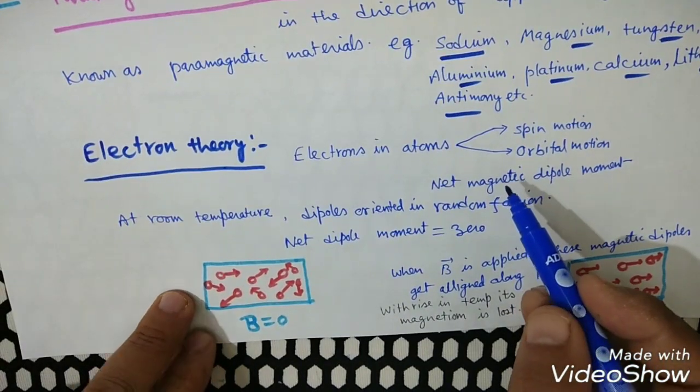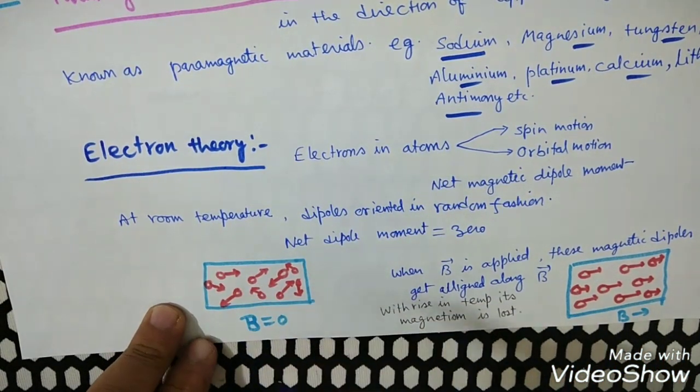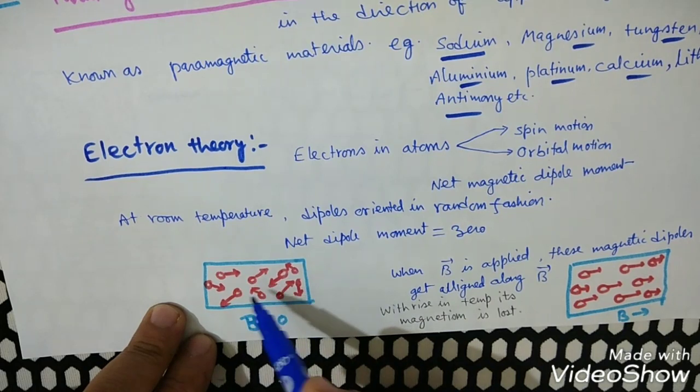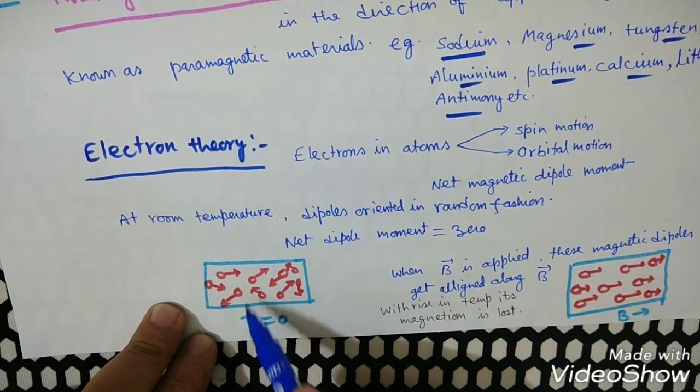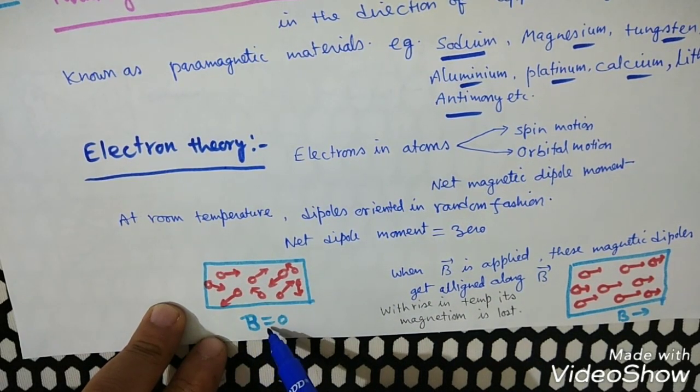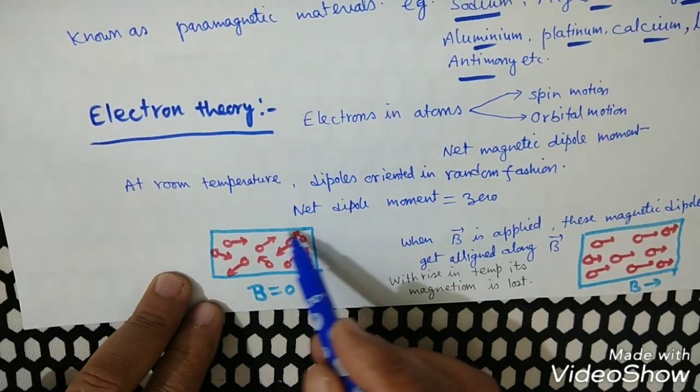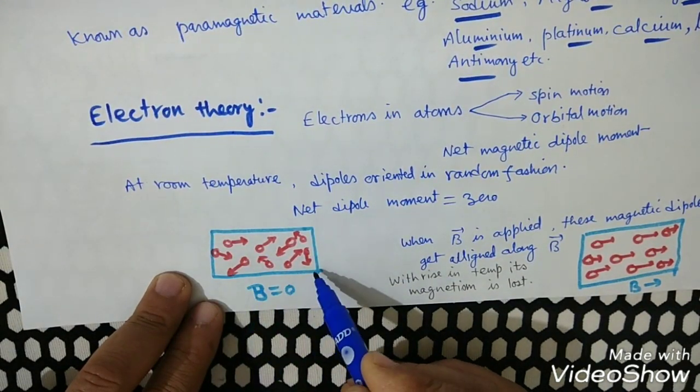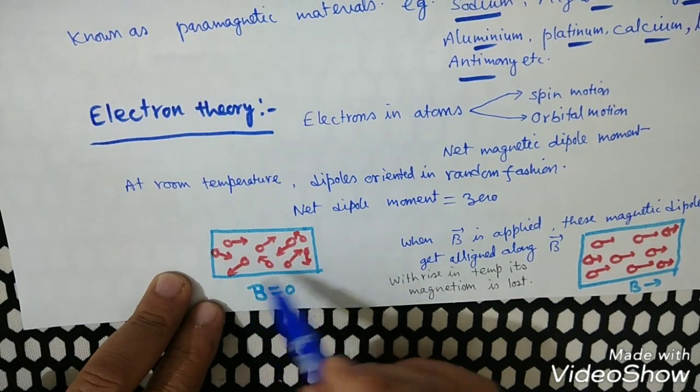But at room temperature, all the dipoles are aligned along random directions. So at room temperature, in absence of an external magnetic field, the net magnetic dipole moment of the given material is 0.